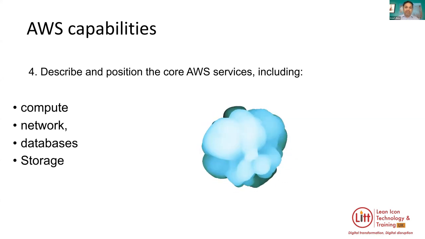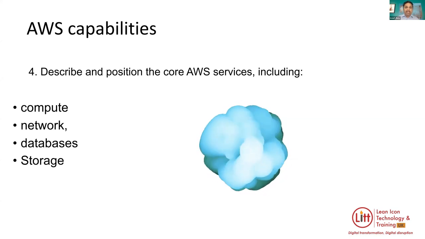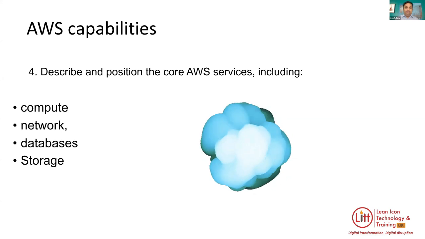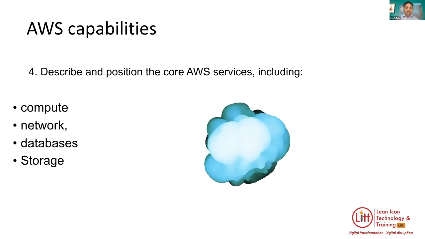For compute, they have the EC2 instance. For networking, there is Route 53, and for database, they have various types of databases you can use, and for storage, it is S3. They will be looking into whether you have understood this. For example, if you take storage S3, there are different types of storage.